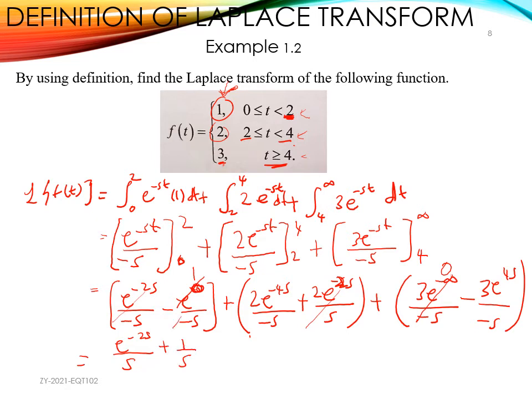And then negative 4s: negative 3 and positive 2, negative 2 with positive 3, positive, exponent negative 4s divided by s. So this one should be correct.